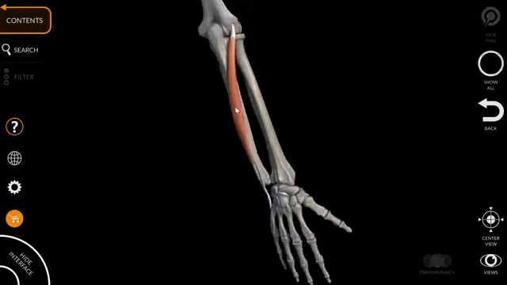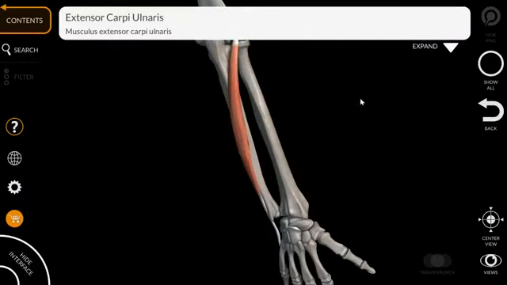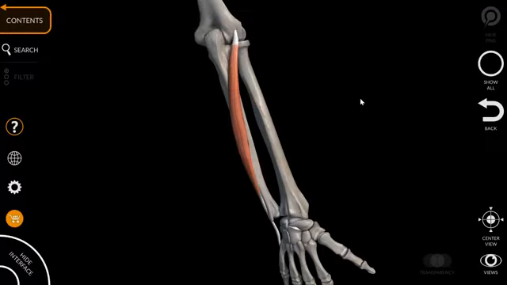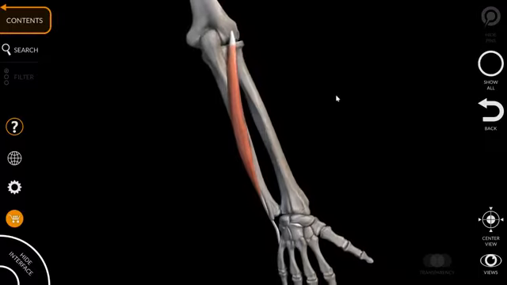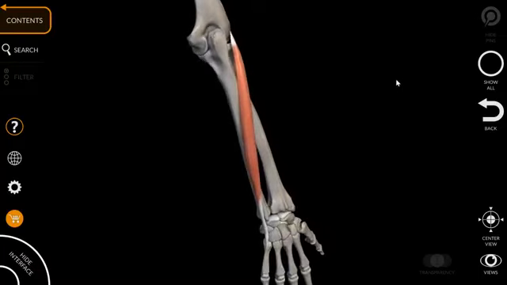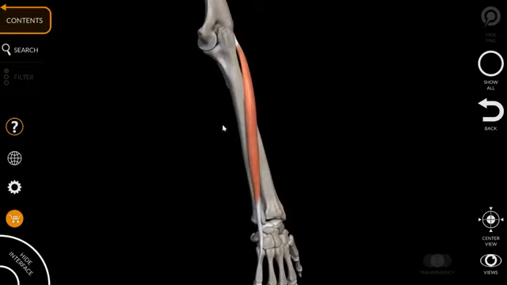Then this is extensor carpi ulnaris, having the same origin as the lateral epicondyle. Because of its name you can remember it: extensor carpi ulnaris is attaching to the ulna as well as the last metacarpal, that is the fifth metacarpal bone.